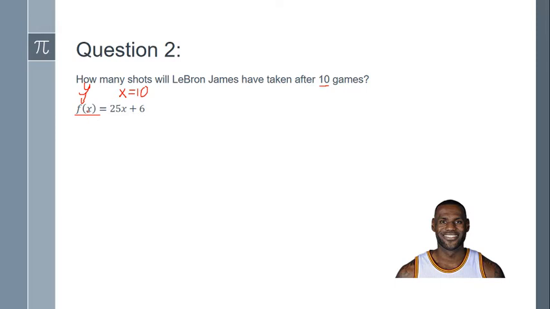So x inside the parentheses here is indicating what the input variable is. Right? So it's pretty convenient for mathematicians to use this notation. And this is one way we would use it. We could write f of 10 is equal to 25 times 10 plus 6.